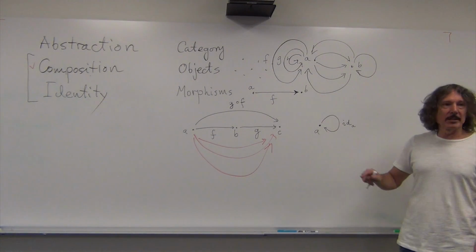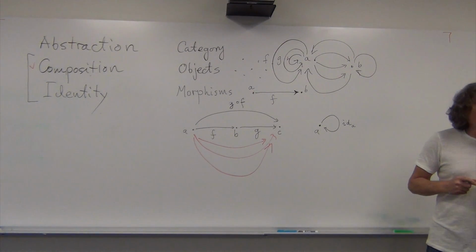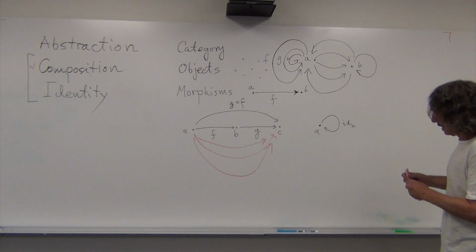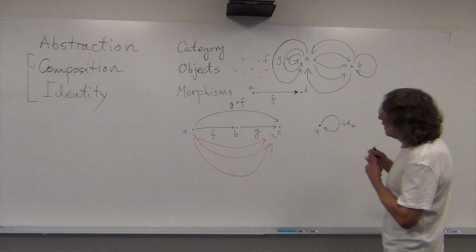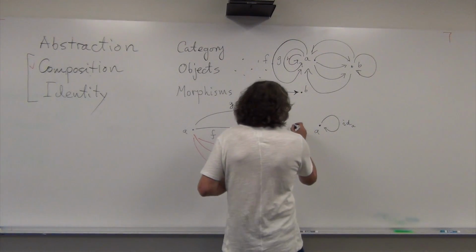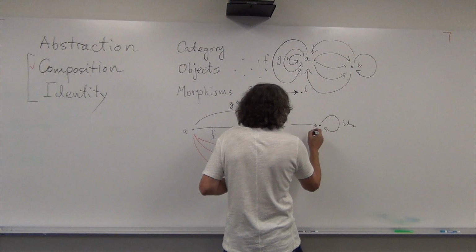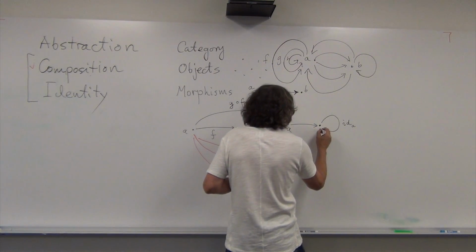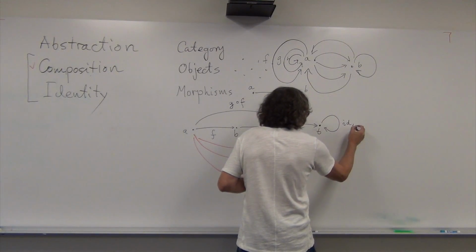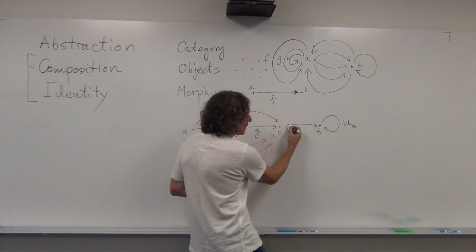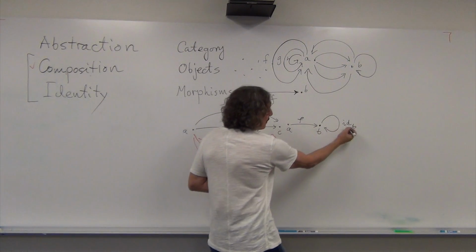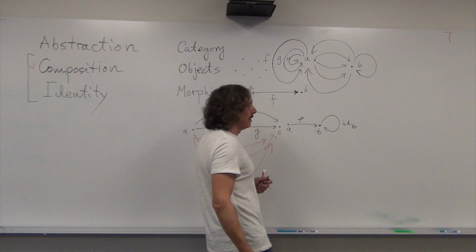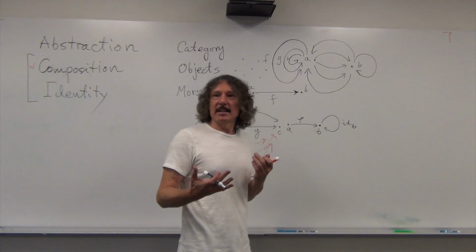Now, why am I calling it identity? Because of composition. So, if I have an arrow F going from A to B, and IDB, okay? If I compose this arrow F with ID B, I get back arrow F. In this sense, this is an identity.